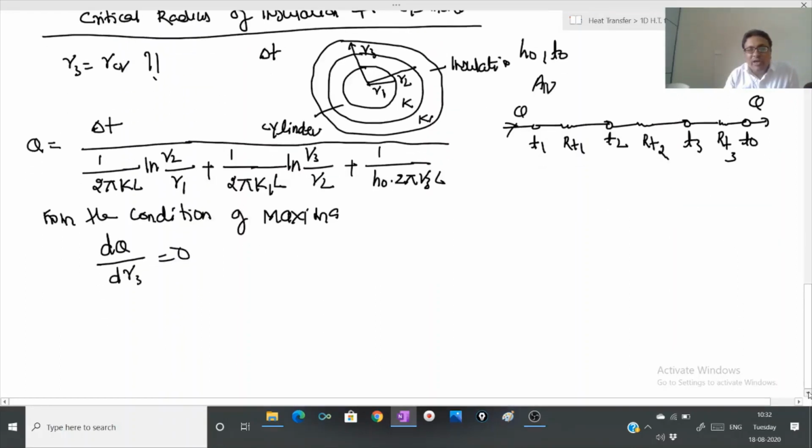Whenever we want to find out at what value of one parameter the value of the dependent parameter will be maximum or minimum, we can find it by putting its derivative with respect to that parameter equal to 0. Now let us differentiate this.